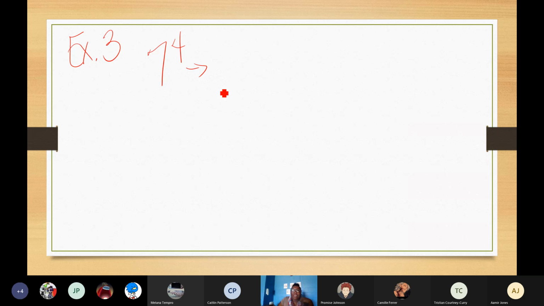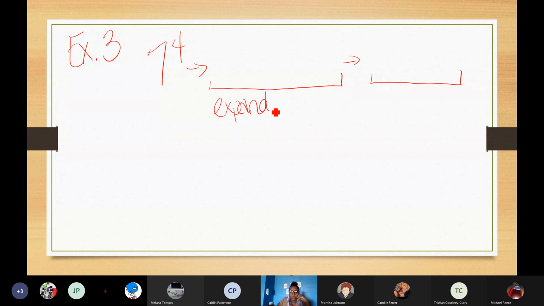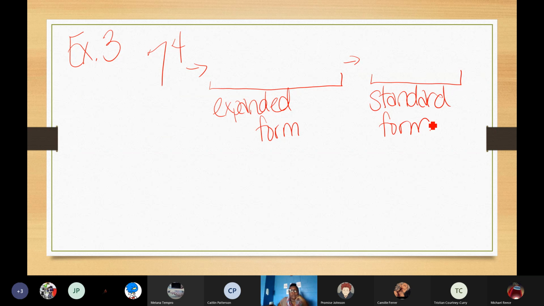I would like for you to write this in expanded form and in standard form. I'm going to be calling on a non-volunteer to help us out with that.